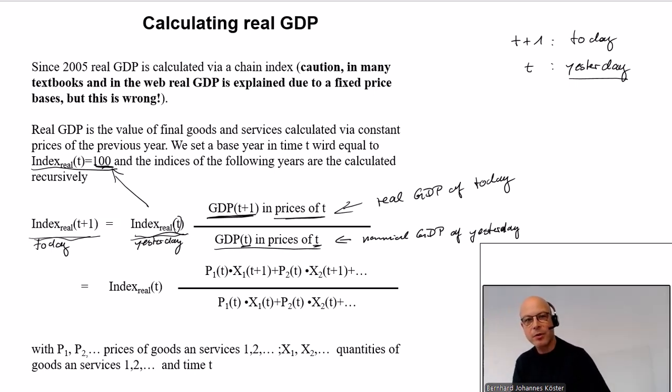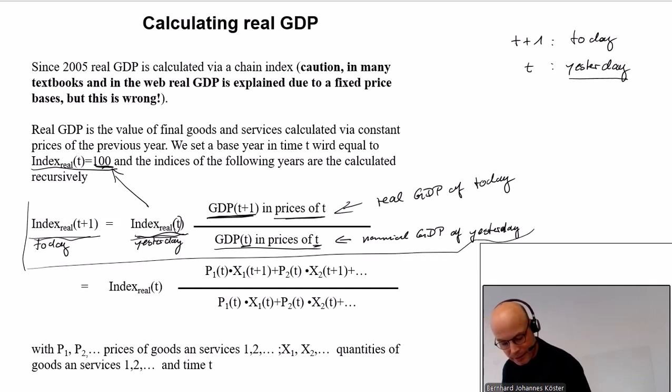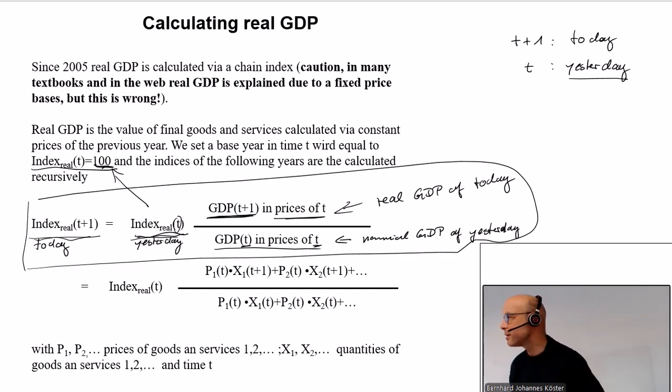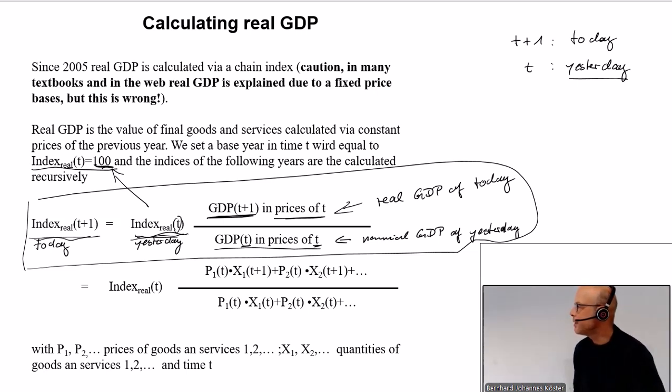Given this starting point, we can then calculate all real indices into the future and of course also into the past. And this is then the overall definition of the real GDP index.